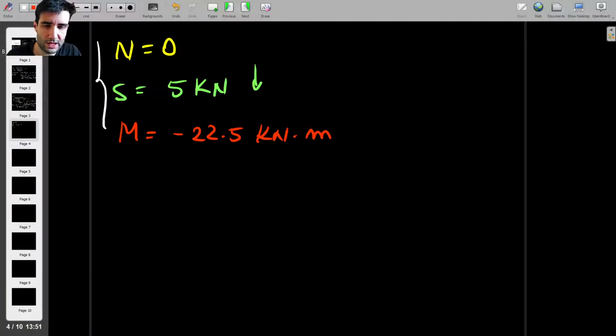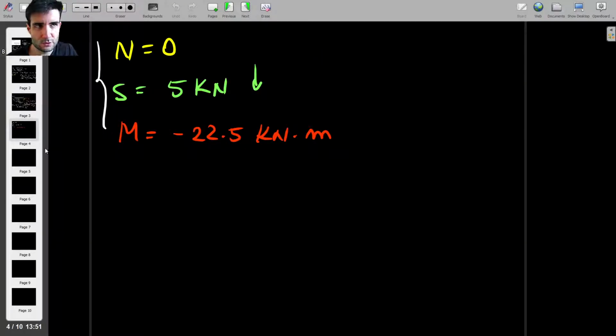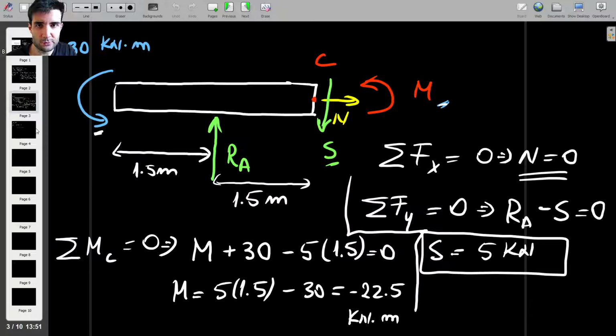And the fact that we have a negative value for the bending moment means that our initial assumption that the bending moment was counterclockwise was not correct, okay? So this simply tells us that the actual bending moment within the beam is clockwise.